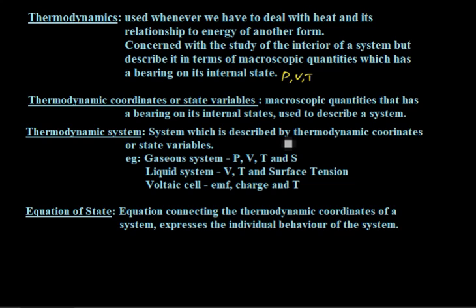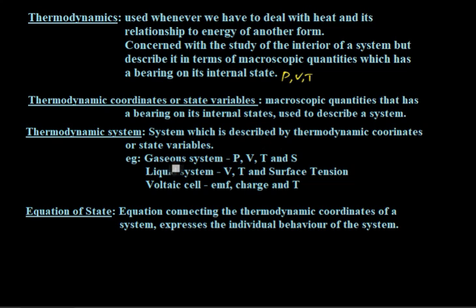That means a thermodynamic system can be defined as the region of space or a part of the universe within an arbitrary boundary on which our attention is focused, and the behavior of that region is described by macroscopic quantities like pressure, volume, temperature, or the thermodynamic coordinates or state variables.